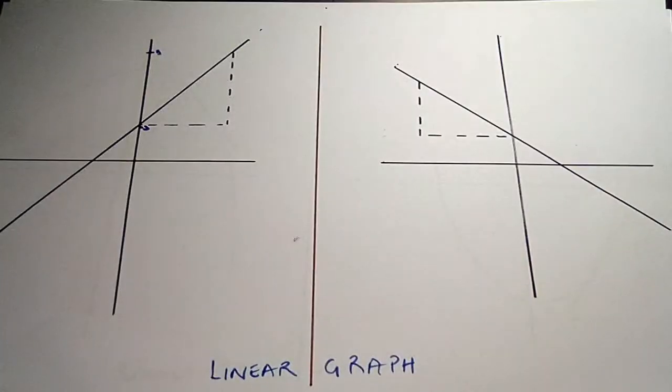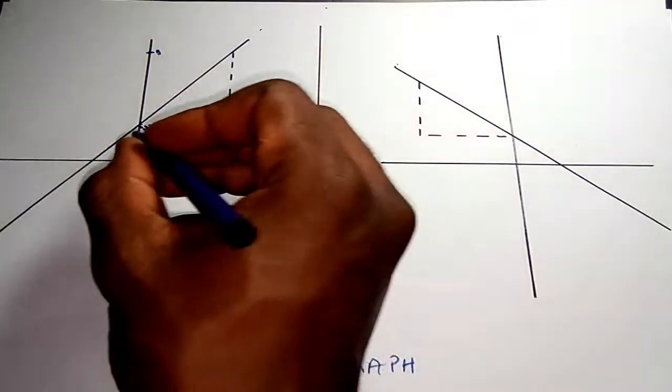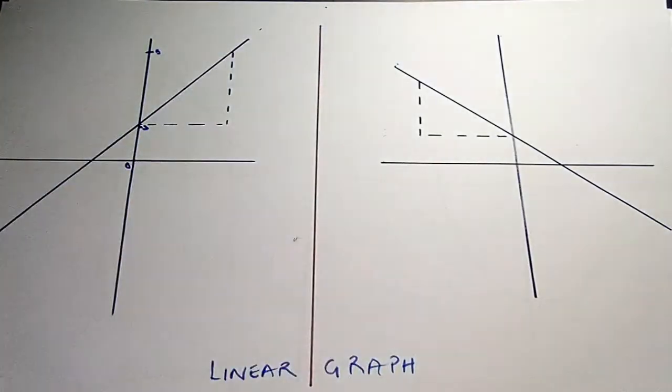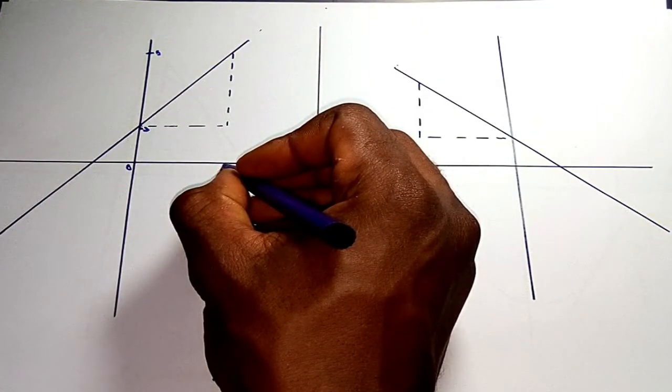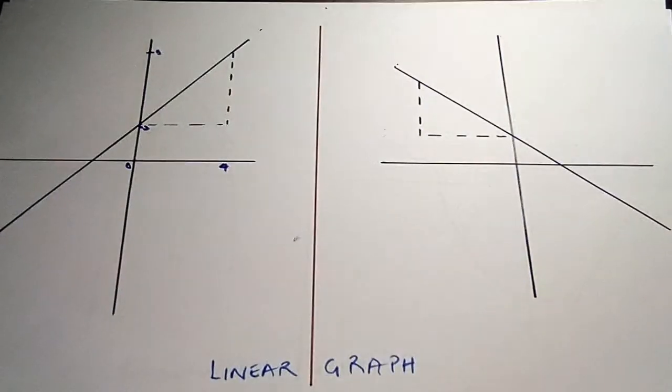I don't know how that's possible, but let's say the point there is 3. Then x here is obviously 0, and here could be 4. So we brought out 4 points here.